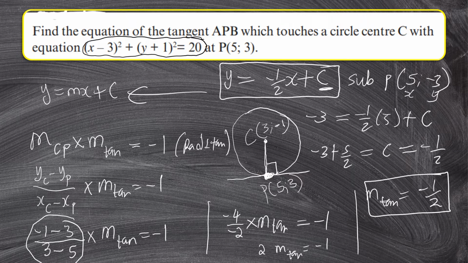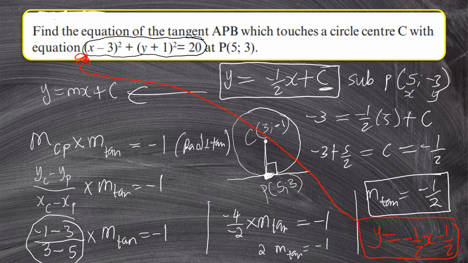Finally, our equation of the tangent is y equals -1 over 2 x minus 1 over 2. So this is our equation of a tangent.